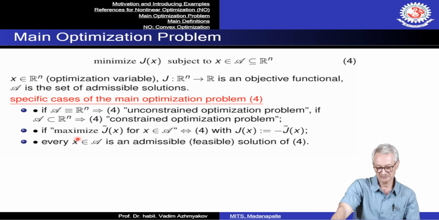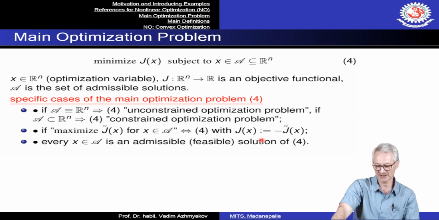Then we observe that in some applications we need to maximize a functional. For example, if we speak about financial or economical applications of the optimization theory, we need to maximize profit, gain, economical effect, and so on. But from the mathematical point of view, we can really stay on the basis of this optimization problem 4 that includes a minimization procedure.